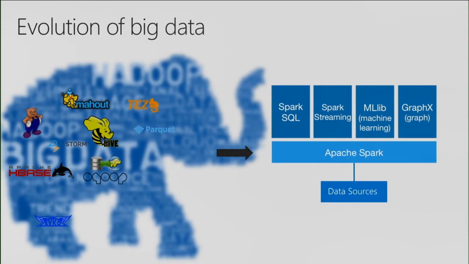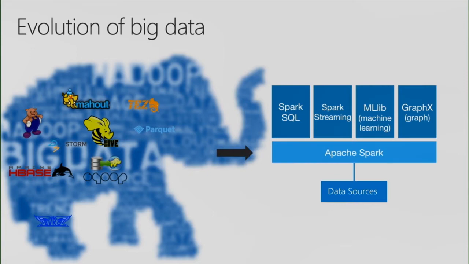And on top of that set of unified APIs, it provides libraries that are specific to a particular use case. You can do streaming with Spark, you can do machine learning with Spark. And the good thing about this layering of abstractions, as we all know, is that once you learn this common ground, then it's very easy to learn a specific implementation that applies to machine learning or some other domain.